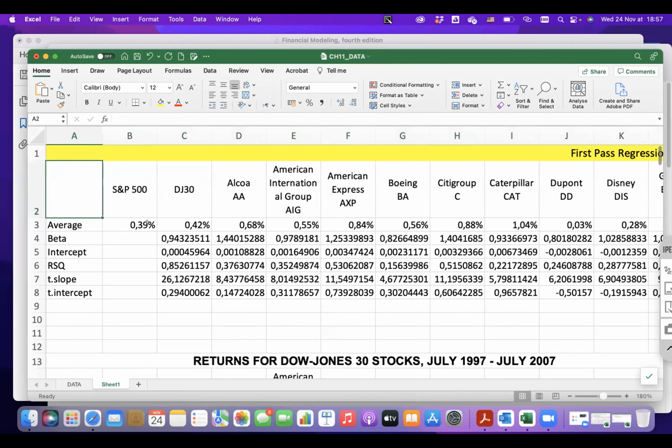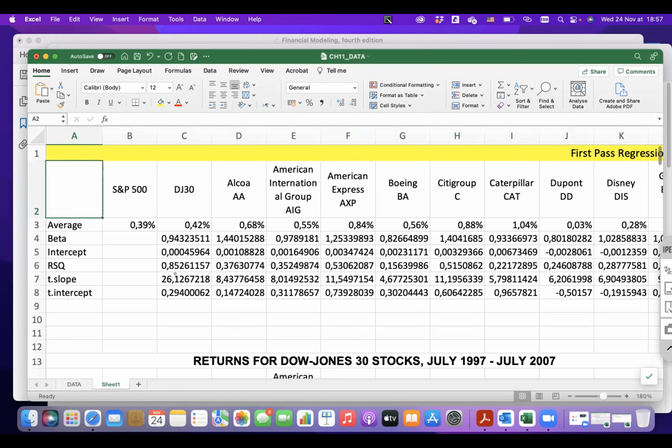So sure. The T slope and the T intercept are the T student, right? The T students are used in statistics to check if our estimates are significantly different from zero or not. Because when you make estimates, you are not sure. That's why we call them estimates، تقدير.